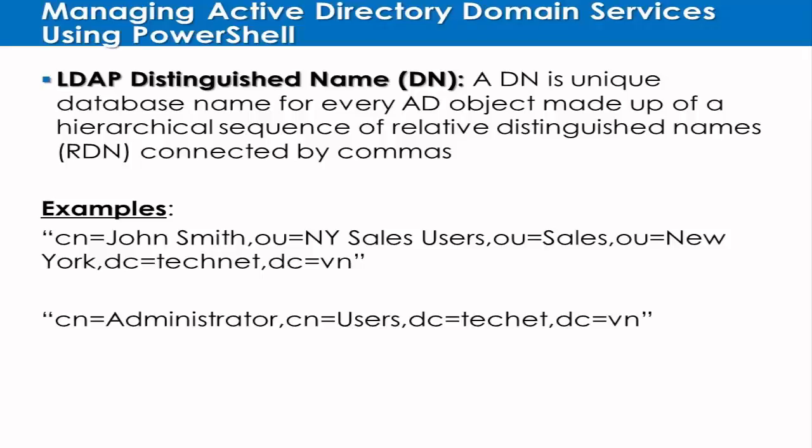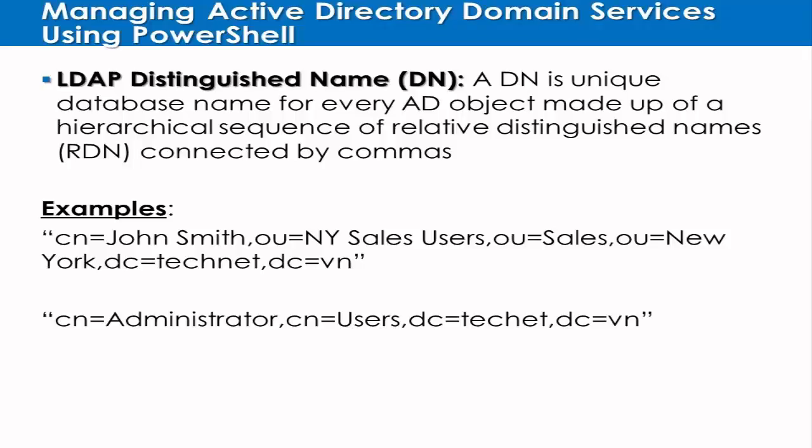So CN equals John Smith, comma, OU equals NY sales users, comma, OU equals sales. And the reason we have that is because the New York sales users organizational unit is inside the sales organizational unit. And you'll notice that after that, we have another comma, which then says OU equals New York.